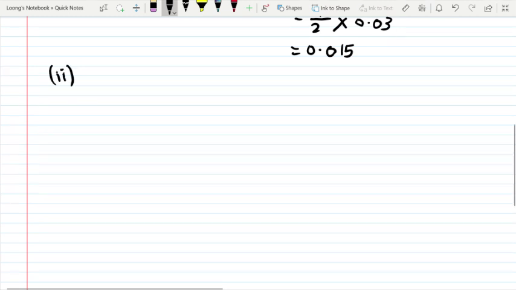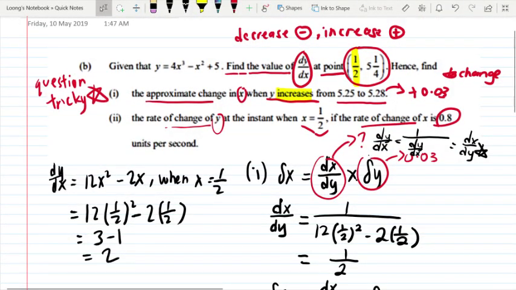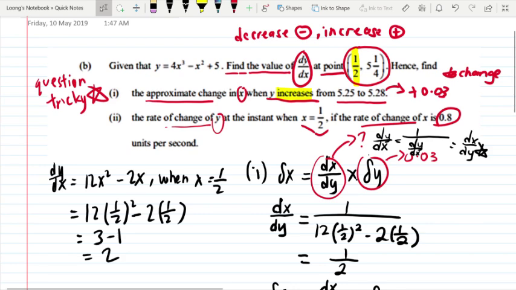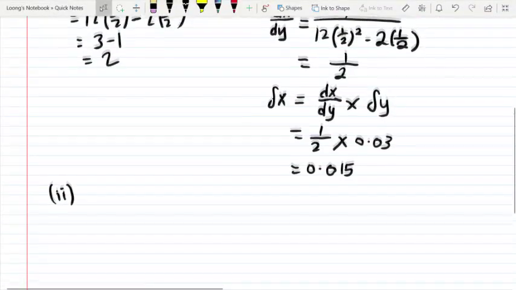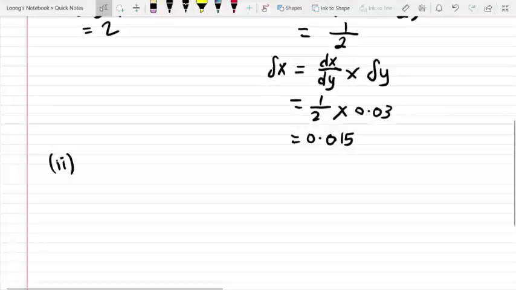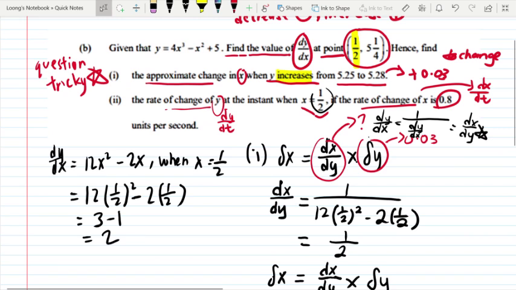Question 2 told us to find the rate of change of y at the instant when x is equal to 1/2. So as always, for rate of change we use the chain rule. The rate of change of y is dy over dt, and the rate of change of x is dx over dt.